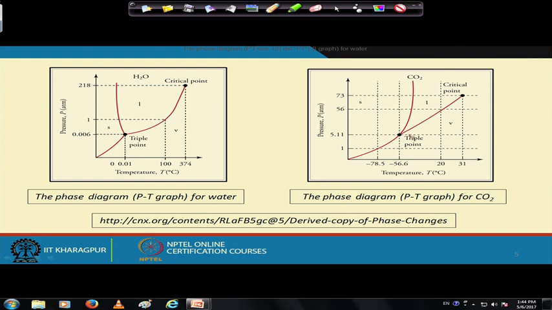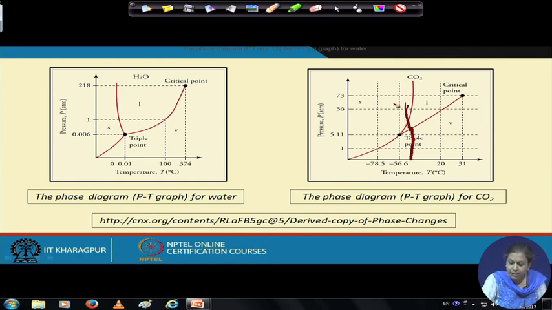Say for instance, it has been drawn under this particular point, and what I have drawn is a vertical line from very low pressure. I keep on following the vertical line, and we find that initially there is the vapor phase, then we have a liquid phase, and then we have a solid phase at higher pressure.